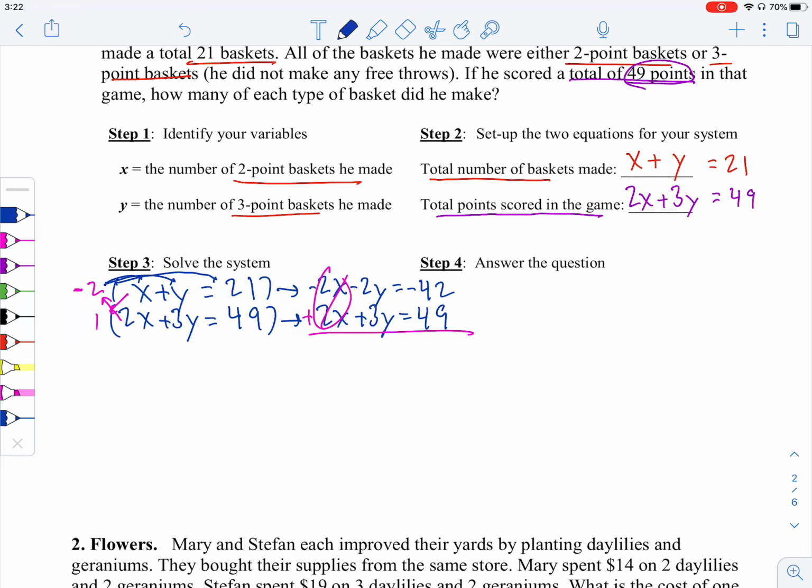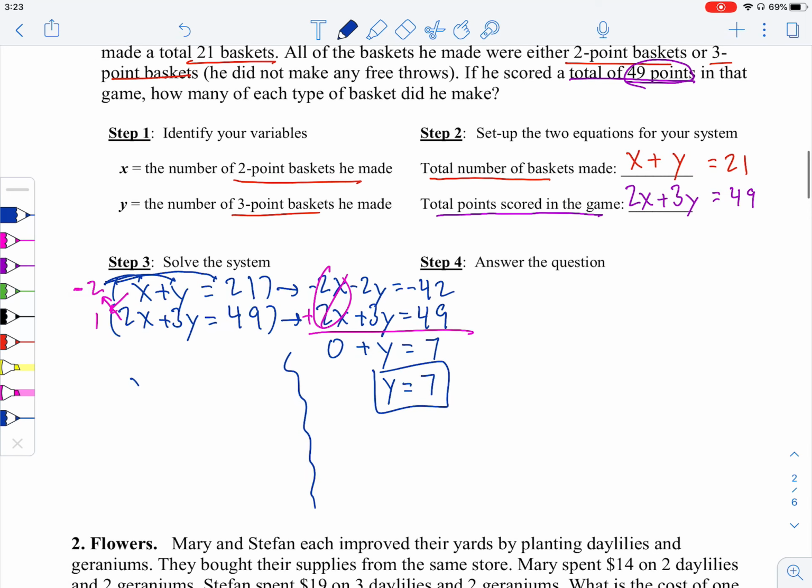Your x is going to cancel out. So negative 2y plus 3y is just 1y. Negative 42 plus 49 is 7. So y equals 7. And then we can use that 7 in either equation. Let's use the first one.